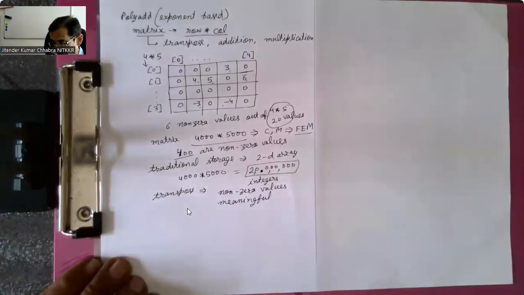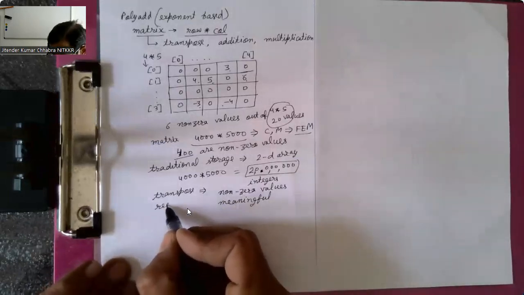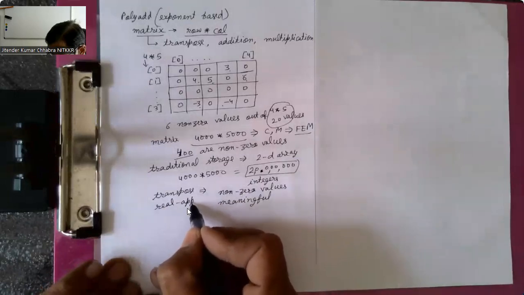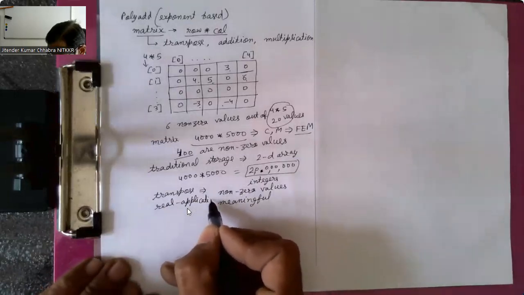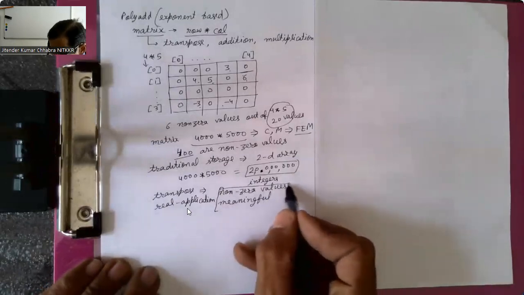Zeros, if I am not interested, or in FEM, etc., zero-based multiplication, they don't play a role. So most of the time in real applications, my non-zero values will be much more useful. And in all their operations, whether transpose or addition, non-zero values are needed.